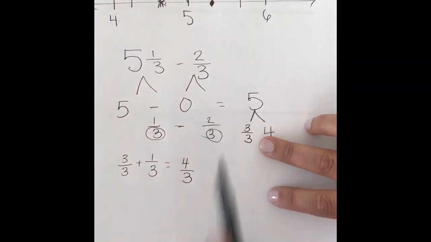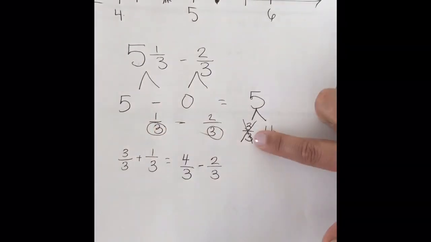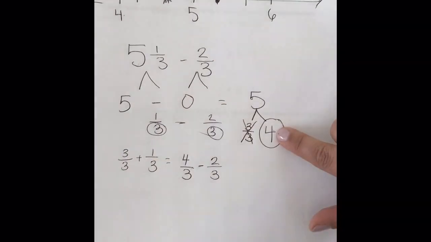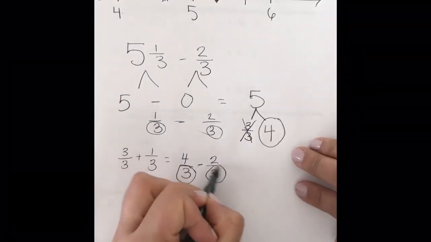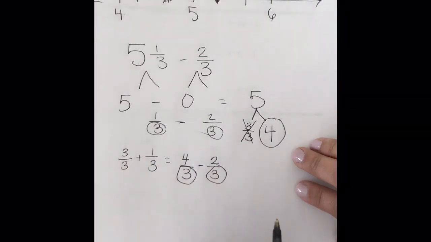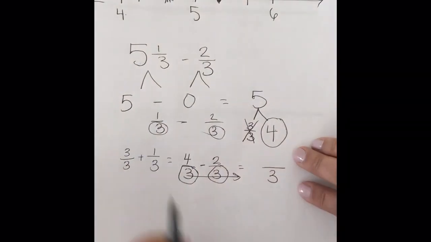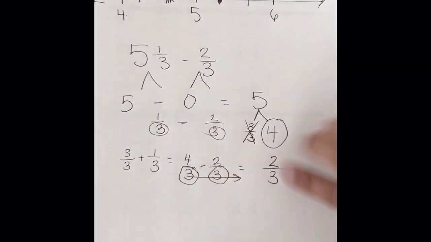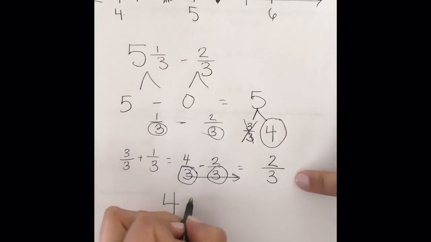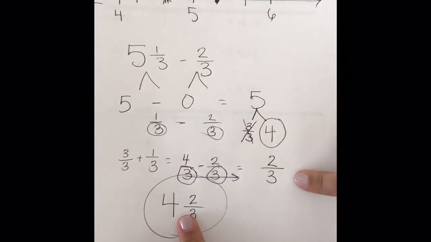Then I can subtract 2/3. So this one's all gone and I'm still left with 4 wholes, and then there's my 4/3. So I made it into an improper fraction. I look and I see my denominators are the same, so they're going to stay the same, and now I can subtract. 4 minus 2 is 2, so I take my whole number and I take my fraction, giving me a mixed number of 4 and 2/3.